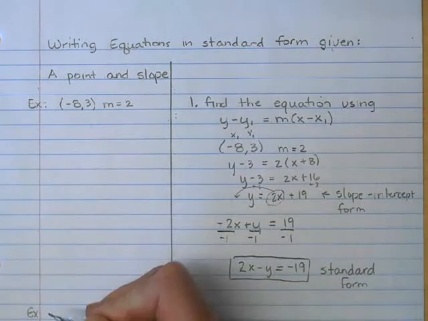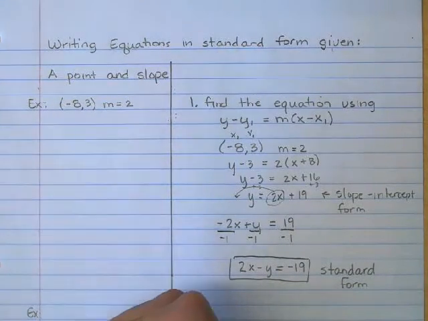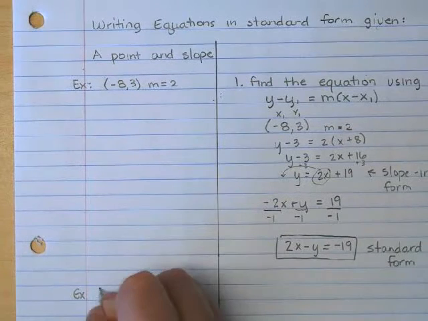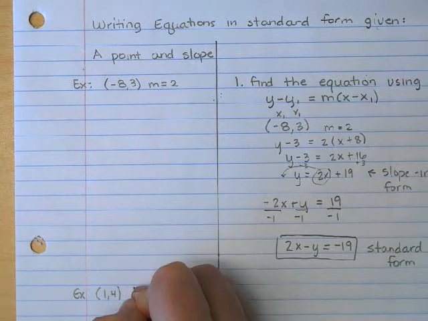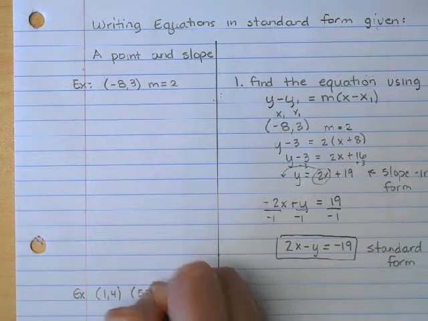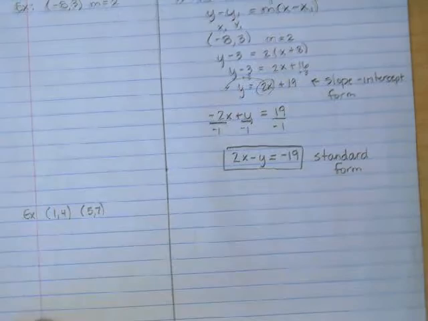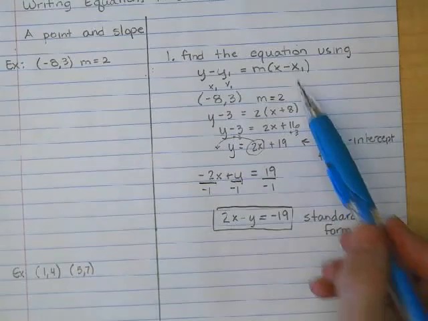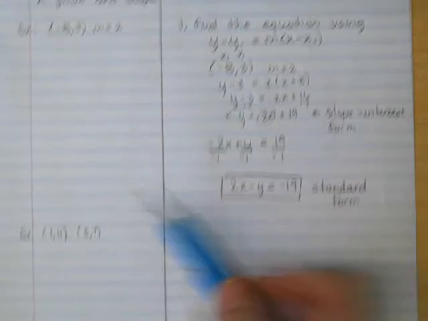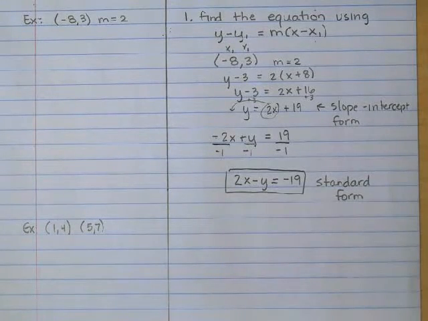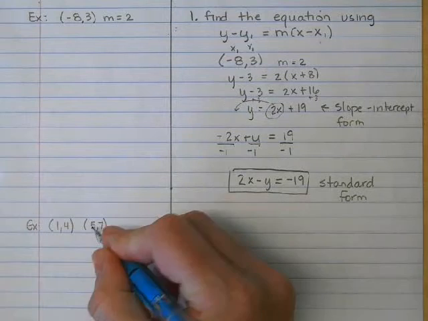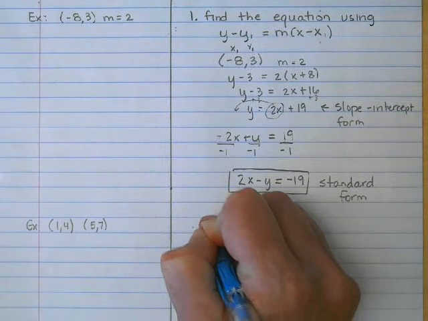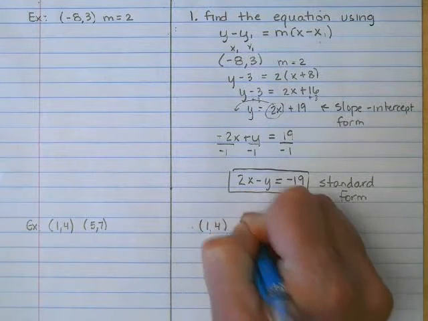Okay, now let's say that we're given 2 points. So let's say I'm given the points 1, 4 and 5, 7. Again, remember that we always need a point and a slope in order to use this equation. So I'm going to first find the slope.